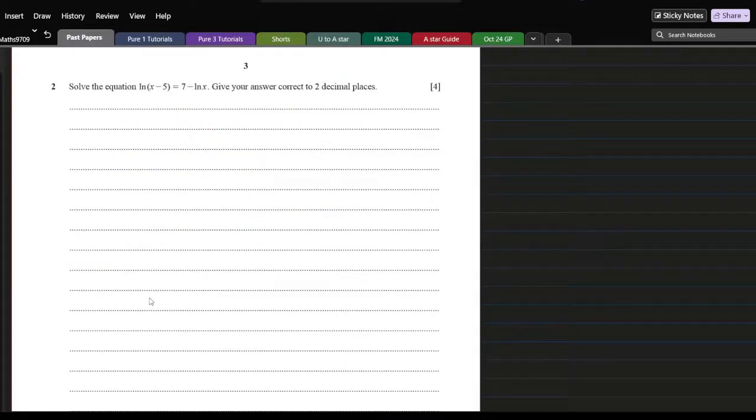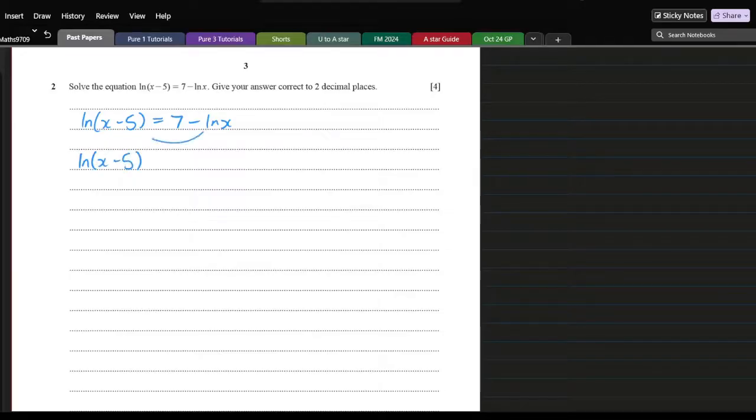Number 2. Solve the equation ln(x - 5) = 7 - ln x. Give your answer correct to 2 decimal places. Alright, so that's ln(x - 5) is equal to 7 minus ln x. So I'm going to put all the natural logarithms on one side, so that this becomes ln(x - 5).